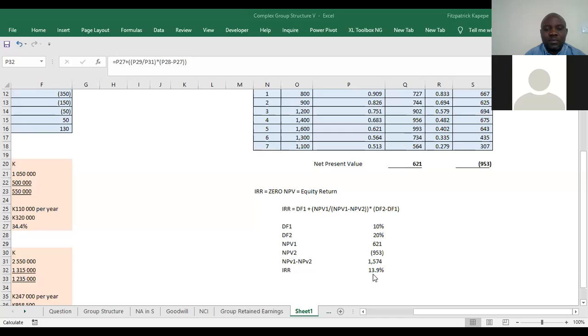Coach, I have a question. Oh, okay, sorry. Please ask. On calculating IRR, when you are getting discount factor 2, should it be above the first one? Yes, the aim of the second discount factor is to come up with a discount factor that gives you a negative NPV, because your internal rate of return is between your positive number and your negative number.